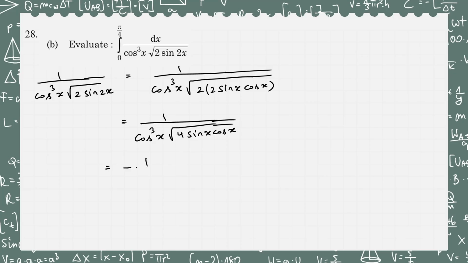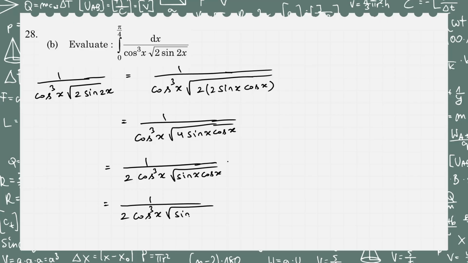Root 4 is 2, so we can take it outside: 1 by 2 cos cube x into root of sin x cos x. Let's multiply and divide by a cos x in the denominator. So we get 2 cos cube x root of sin x into cos x by cos x into cos x.